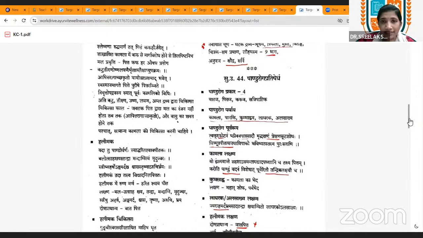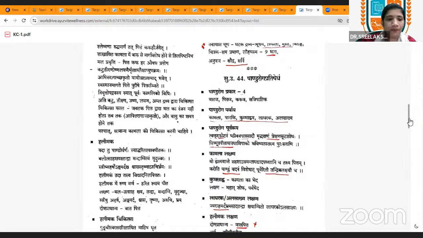And next is Halimaka. The point you have to remember is its synonyms are Lodara and Alasa, and its dosha pradhana is Vata Pitta. So Halimaka dosha pradhana is very important. It is Vata Pitta, and the synonyms are also important, Lodara and Alasa.